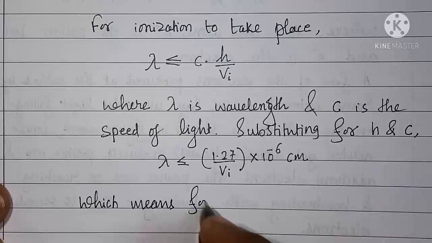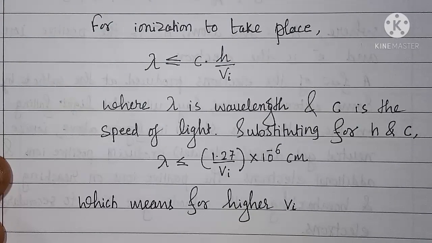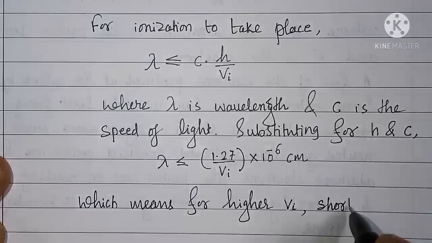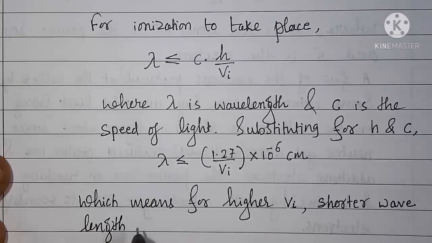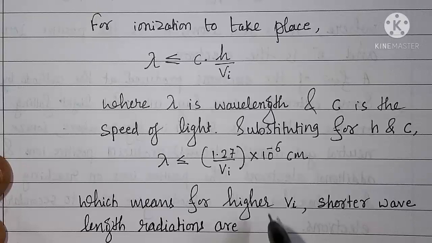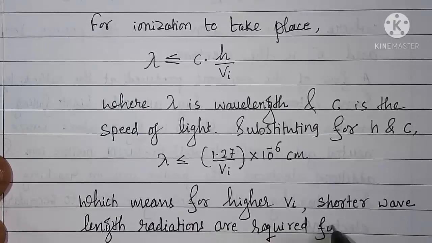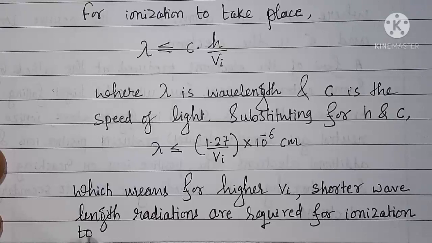Which means for higher ionization energy Vi, shorter wavelength radiations are required for ionization to take place.